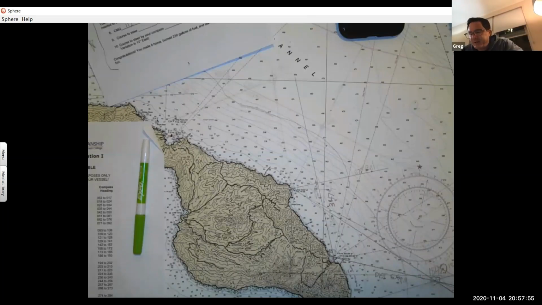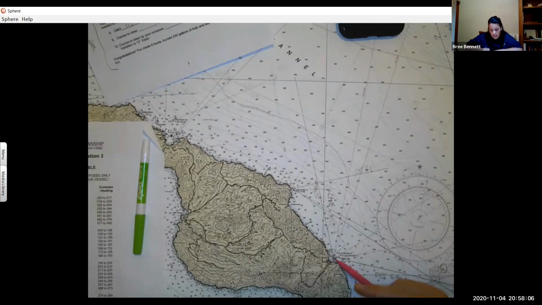One question on that. Why is the light 2 not right on your heading? Isn't it just right behind you? Yeah, so I guess that was me. We didn't exactly have a departure point. It said you departed Avalon on 347, so I drew my line a little bit further offshore instead of drawing it directly from the light. That's just how I drew it, because it's very vague in that departure point.